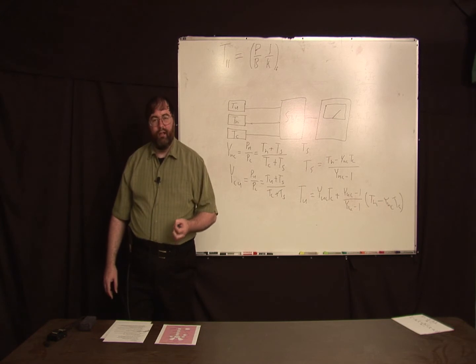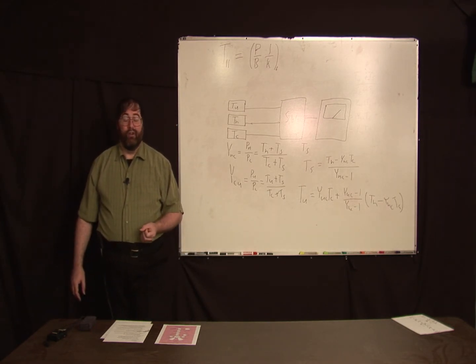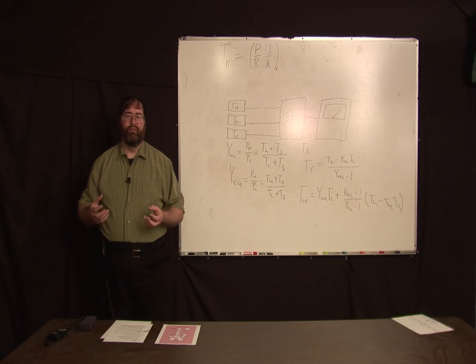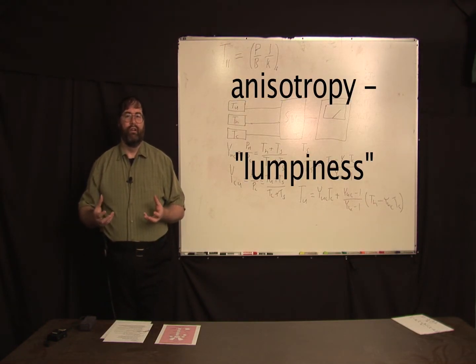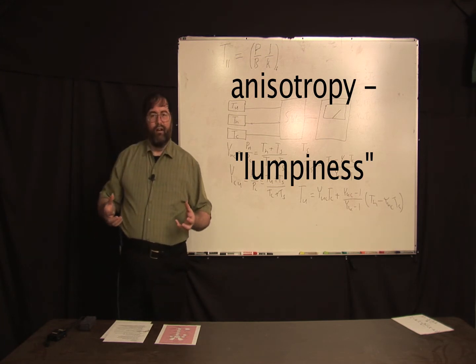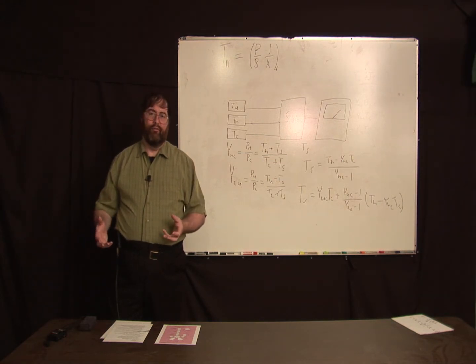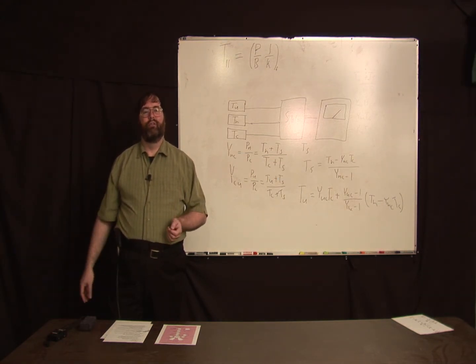In order for stars and galaxies to form, it must not be uniform. In fact, there has to be a certain amount of anisotropy, which is a fancy word for lumpiness, in the matter in the early universe, or else stars and galaxies won't collapse.